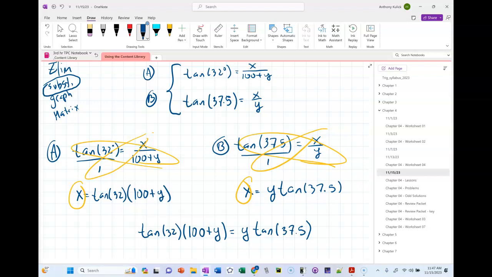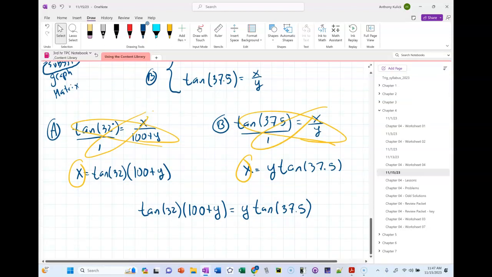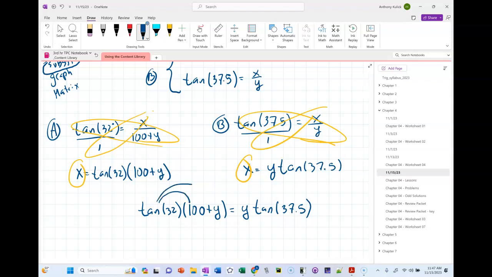And now I have how many variables in my equation? Just one kind of variable, right? Just y is the only kind of variable I have. That's an equation that we can solve. So I'm going to start by trying to get the y's on one side. So let's distribute that tan 32 through.